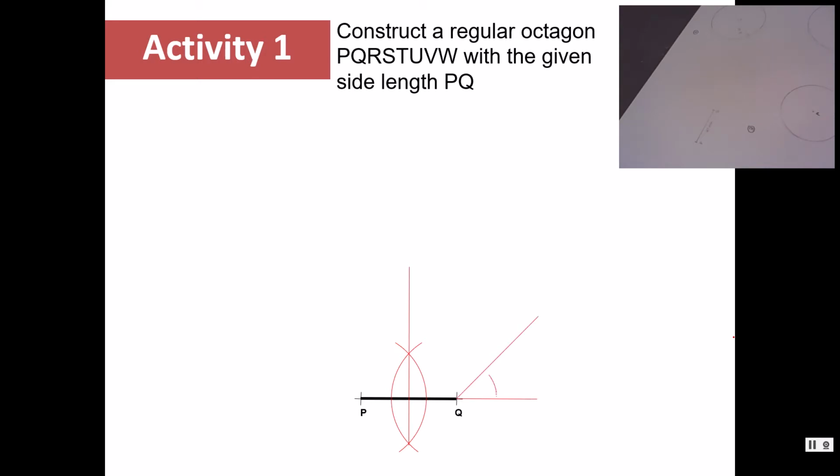And then after that, you need to draw a 45-degree line by using the 45-degree ruler, and then find point R, which is the same distance between PQ and QR, and find the midpoint for that too, so that at the end you're going to get the center point O of this big circle, and then construct the circle. And then with the same distance of PQ, you can determine the other points of the octagon.